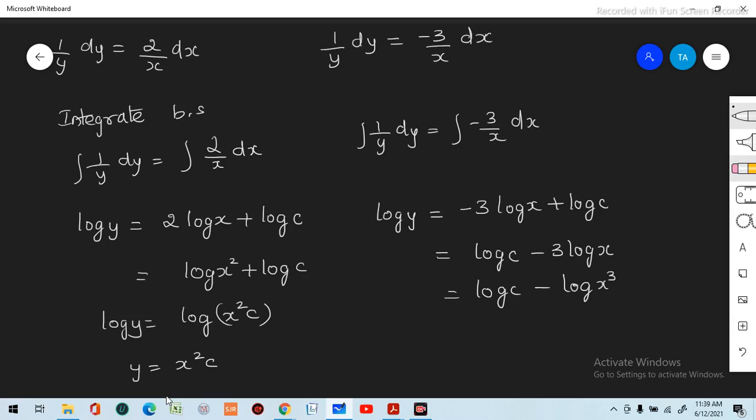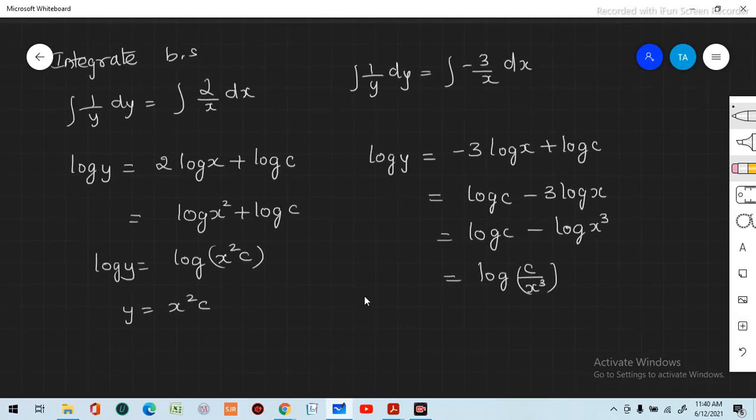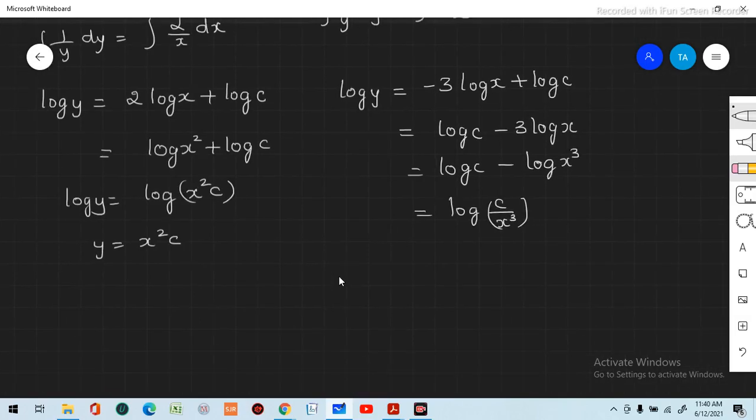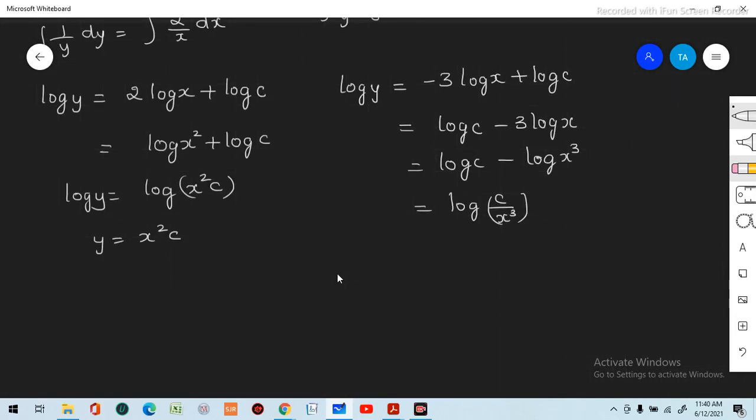Next step. Which property? Log m minus log n is equal to log m divided by n. Yes, that property. So both sides log will get cancelled. I will be remaining with c by x cube.